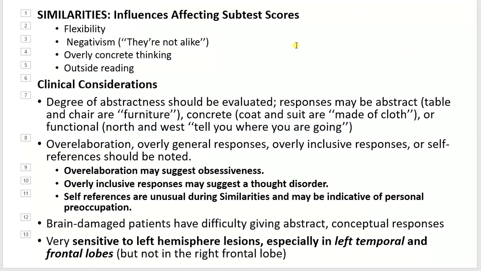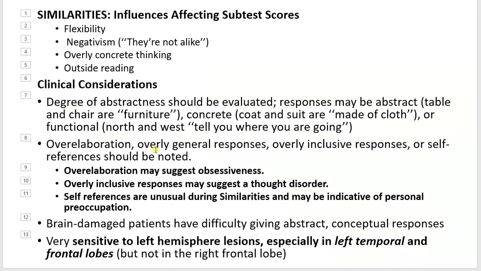So overly concrete thinking will also be an influencing factor, and also how much outside reading you have. If you are a well-read person, then you can score better. So these factors should be considered while interpreting any elevation or depression in the score, any increase or decrease in the score, any scatter in the score.